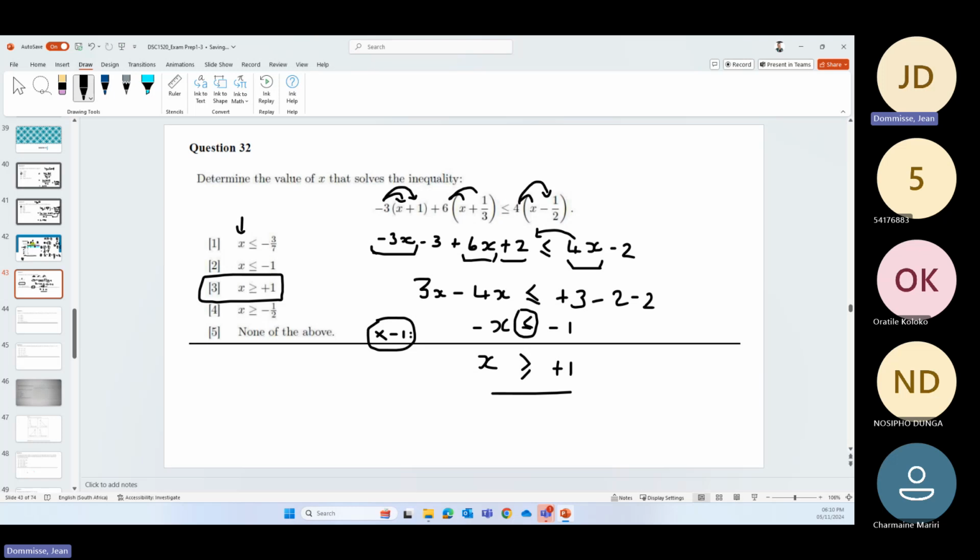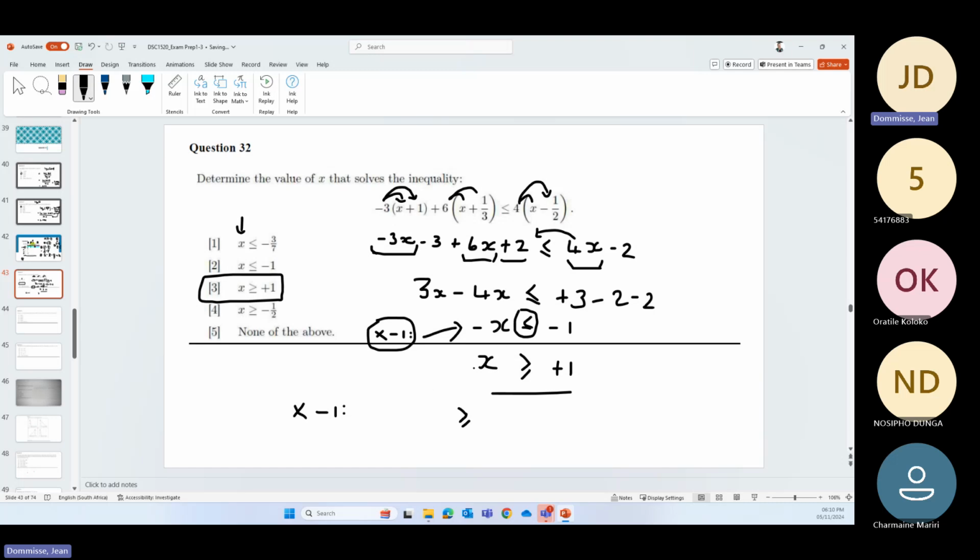So when we multiply an inequality with a negative, in this instance -1, the inequality needs to swap around. Where it was the smaller or equal, it changes over to bigger or equal.